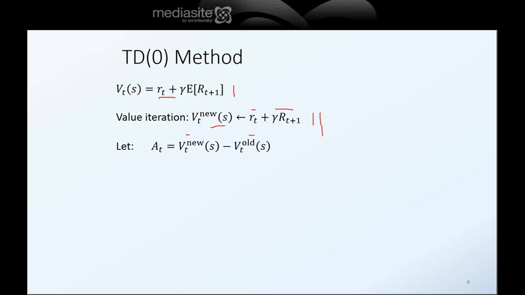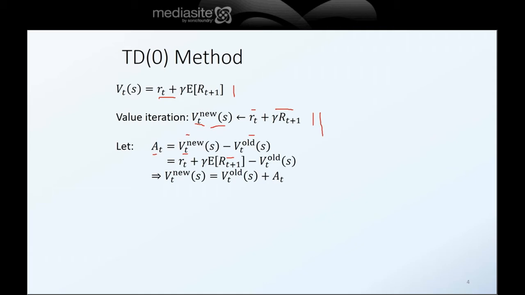So let the difference be denoted as A_t. So A_t is equal to V new minus V old, which is equal to, since we know the value of V new, r_t plus gamma times expected R_{t+1} minus V_t old.